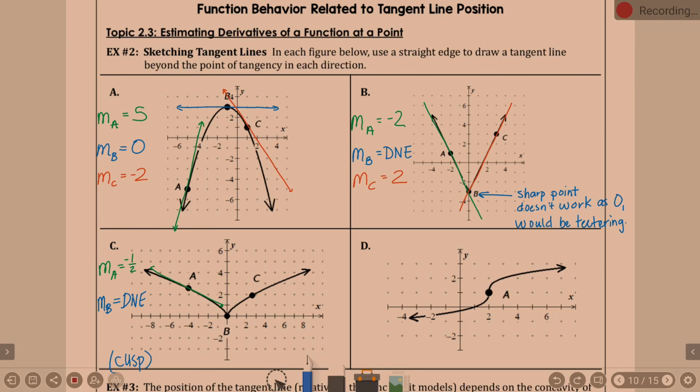It has to be a curve to be differentiable, to have a derivative. I get the idea that without that point here, it would do something like that. That's not a curve. That's a sharp point. Okay.